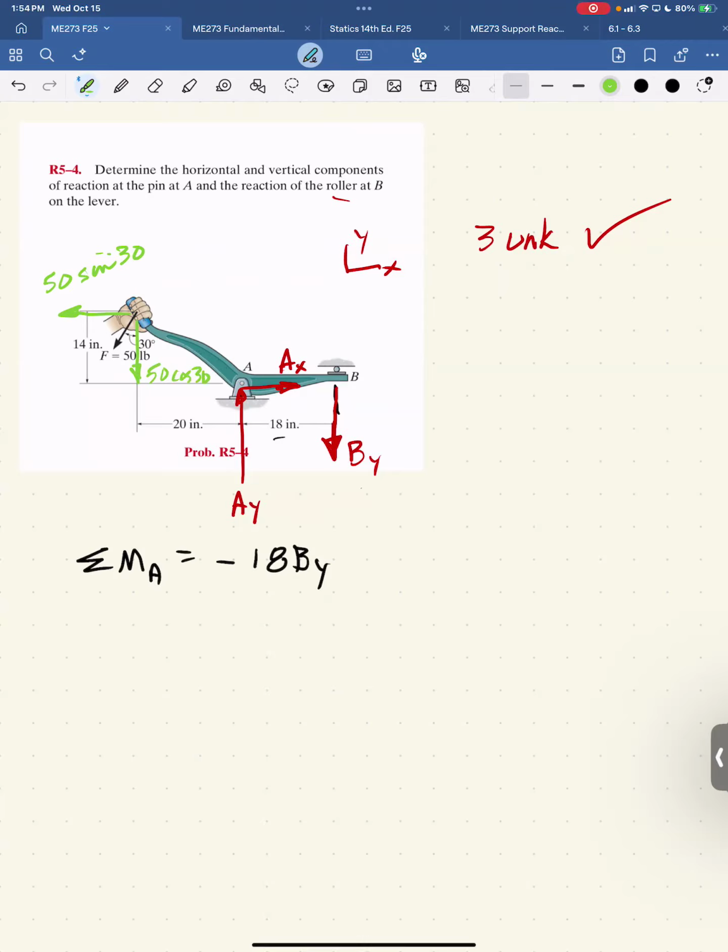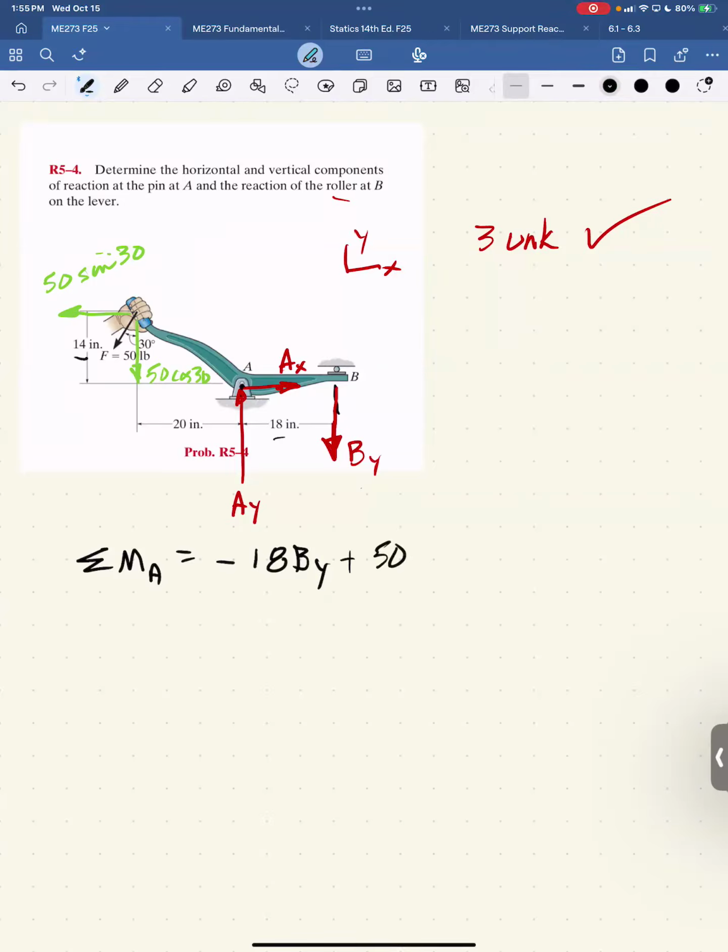And now we're ready to choose a point about which to sum moments. And just like before, we should do it about point A because then I can solve directly for BY. I already said that much, right? So here we are, 18 BY. So now I've got 50 sine of 30. It's 14 inches away, wants to go clockwise, so it's positive. So plus 50 sine of 30 times 14.